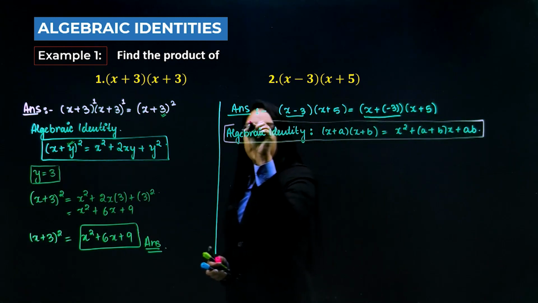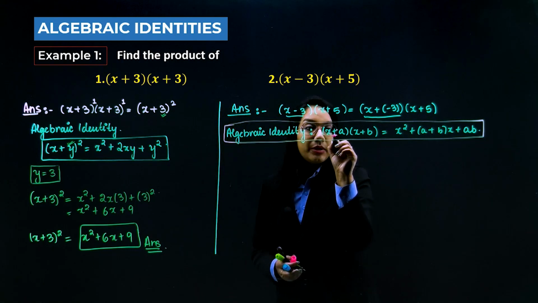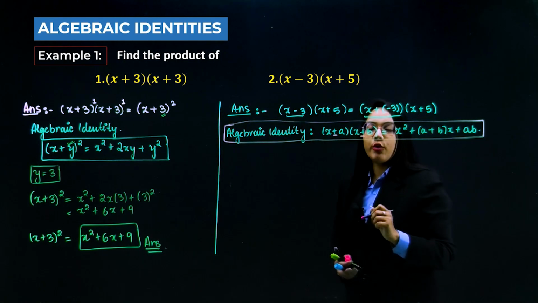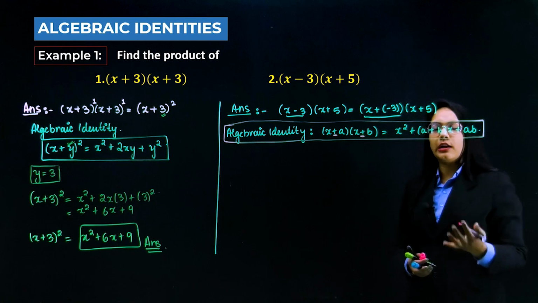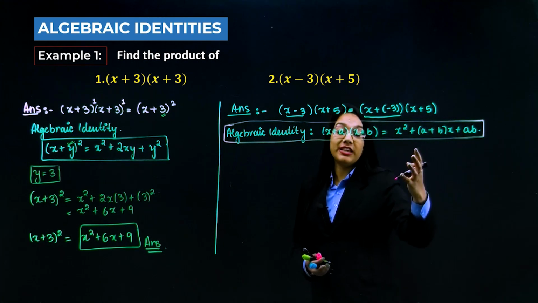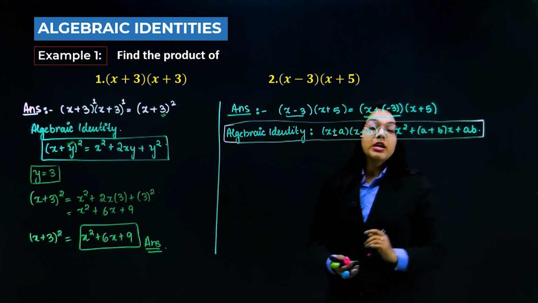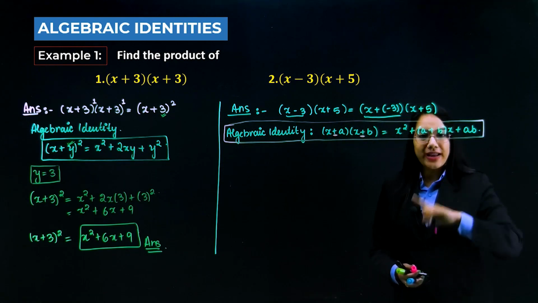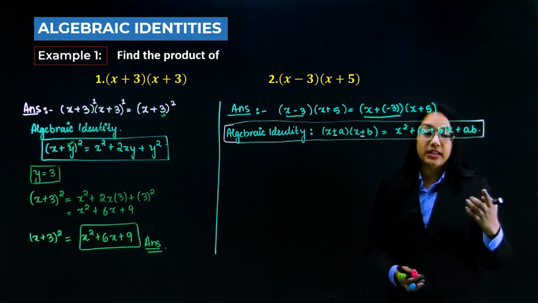We know that in this algebraic identity we have only one sign between the two terms, that is plus, so it would be convenient if I convert this negative sign into the positive one, so that it would be easy for me to plug in all the values over here. That's why I have converted minus 3 into plus minus 3.